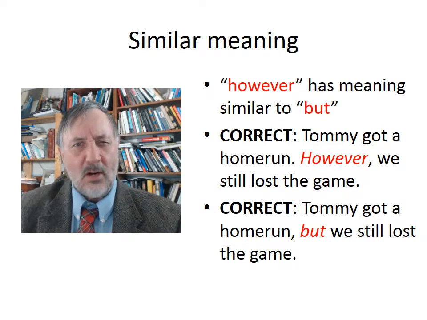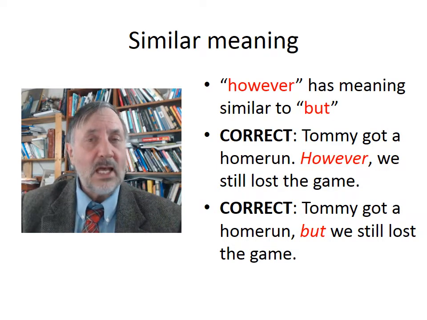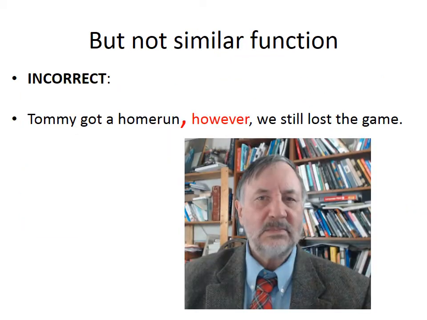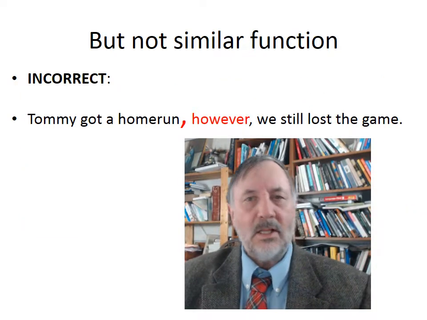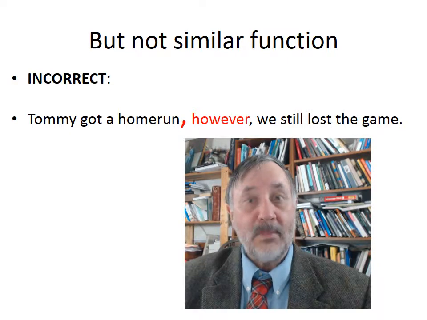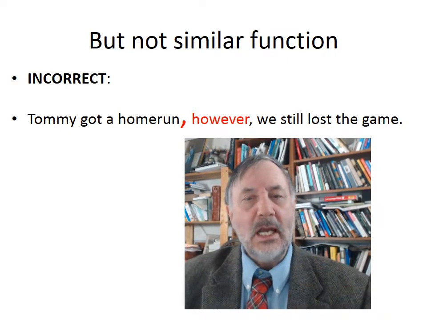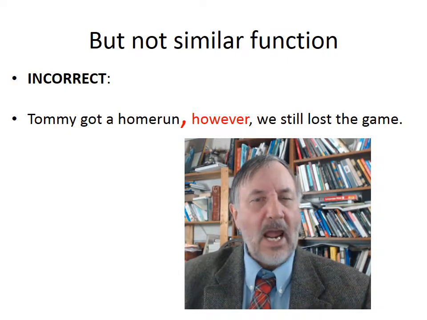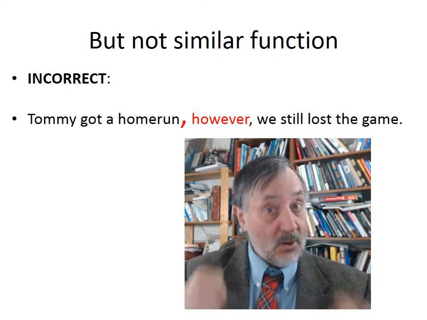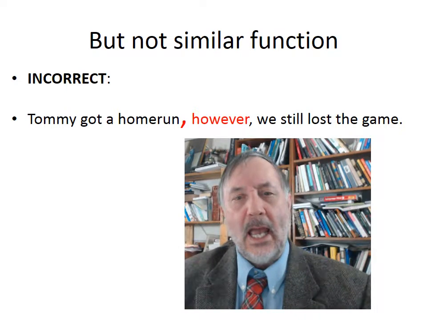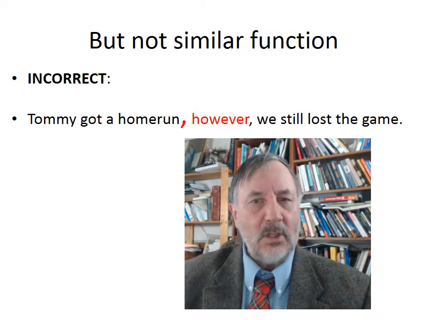And I think that's one of the areas where we get confused as to their function. Now, a very common error that I see in student writing, especially, is using such a word as however as if it were a true conjunction. So remember, it's a false conjunction. It's not a true conjunction. And we have an example here.